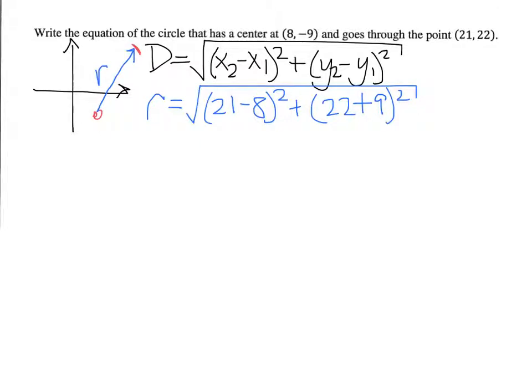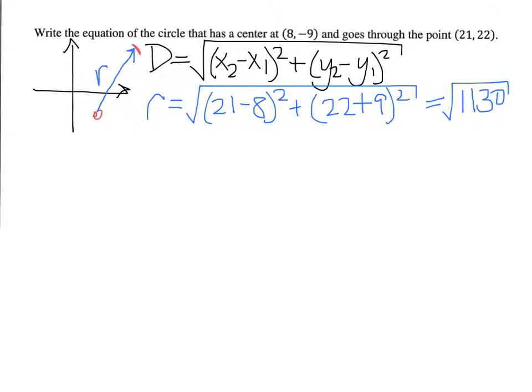That gives you the answer: the square root of 1130. So the square root of 1130 is the radius. If the radius, this length right here, is the square root of 1130, and the center is (8, -9), also remember what the standard form for a circle is.